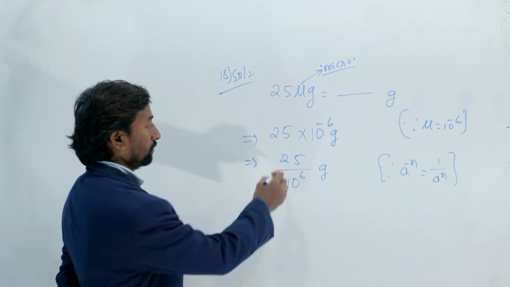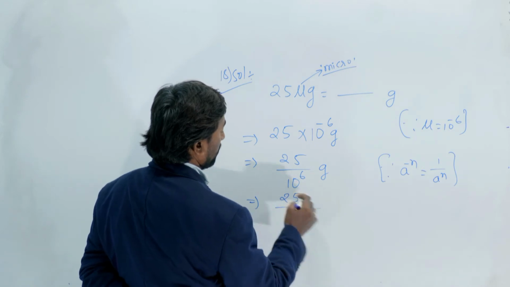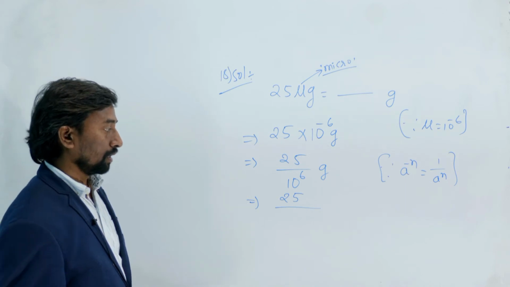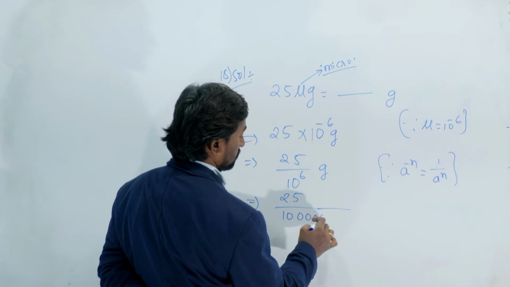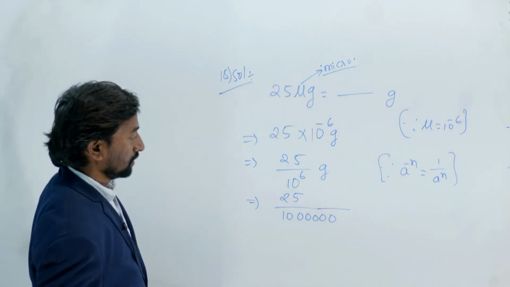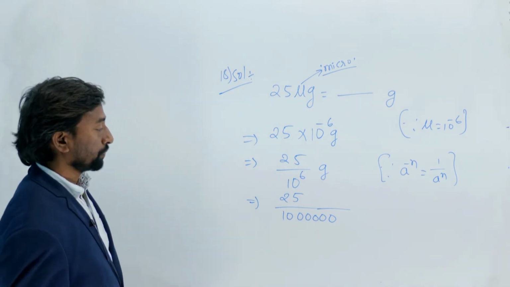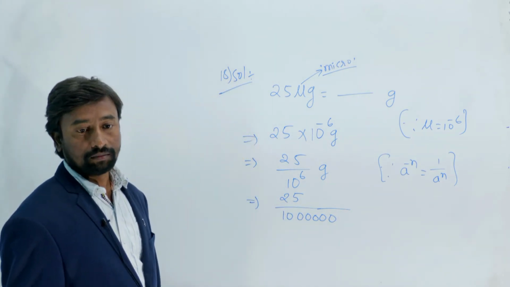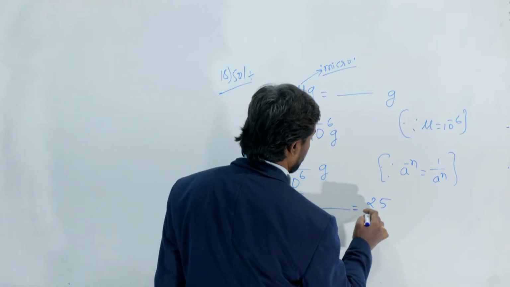So 25 by 10 to the power of 6 is nothing but how much? 10 to the power of 6 is 10 lakhs. 5 zeros means 1 lakh and 6 zeros means 10 lakhs. So it can be written as 25 divided by 10 lakhs, which is 1 million.